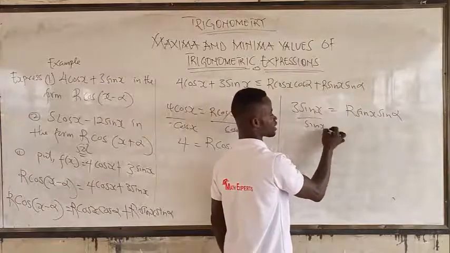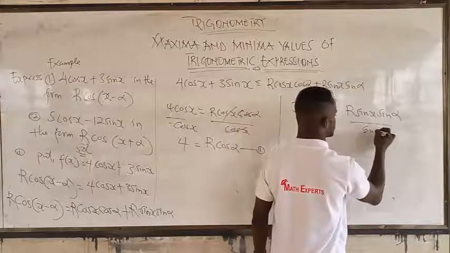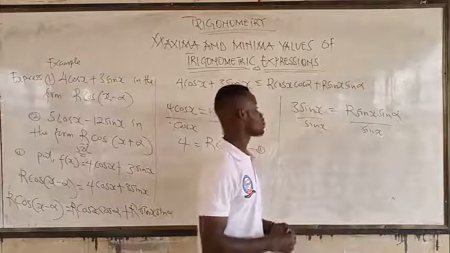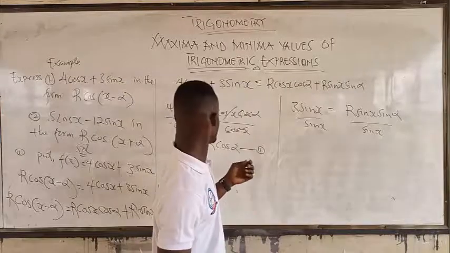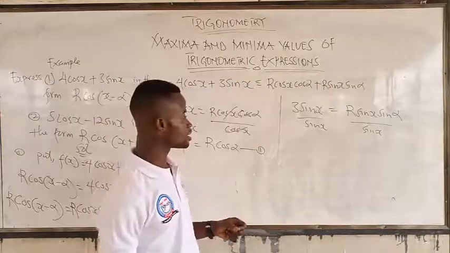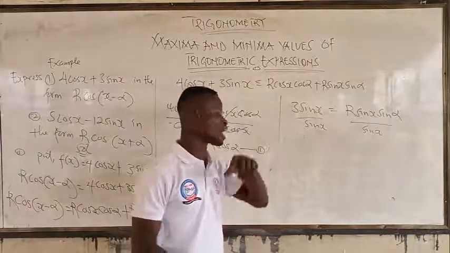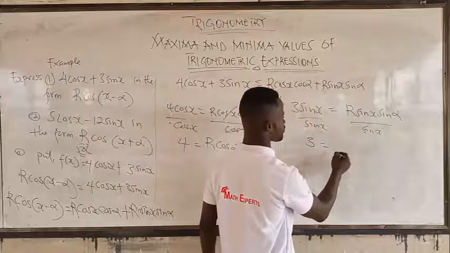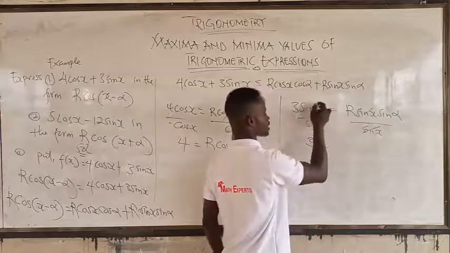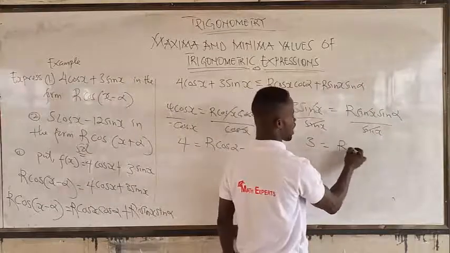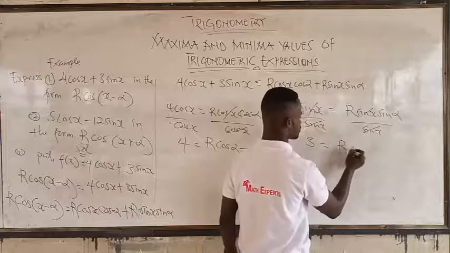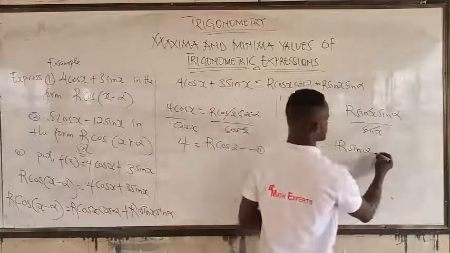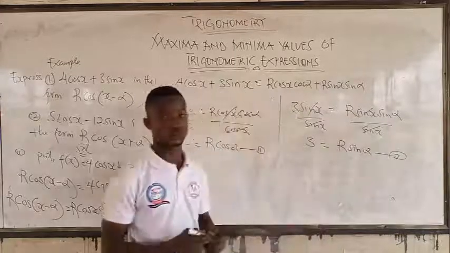Divide both sides by sin s. In fact, always, whatever is attached to A or B, it must be divided to clear off something. This cancels this, cancels that. We get r sin alpha. We have named that equation 2.